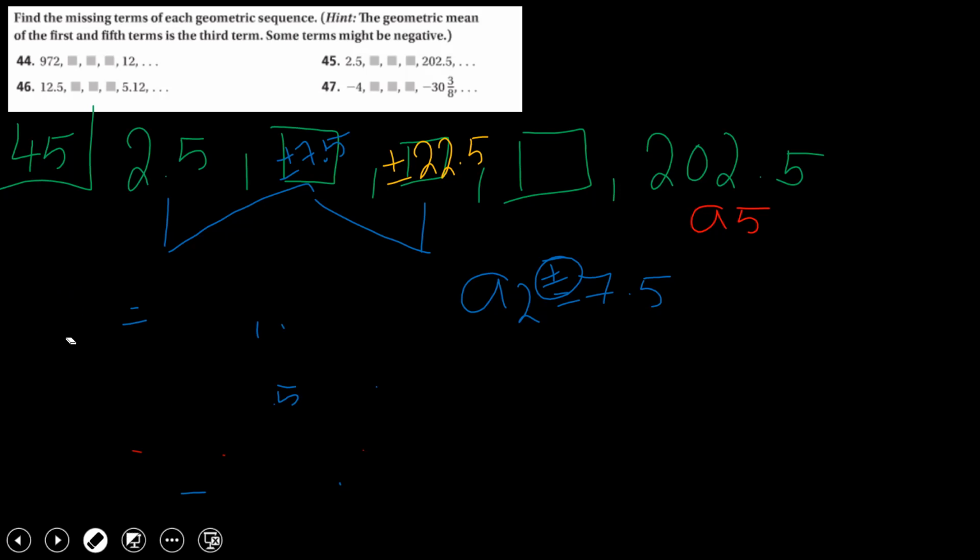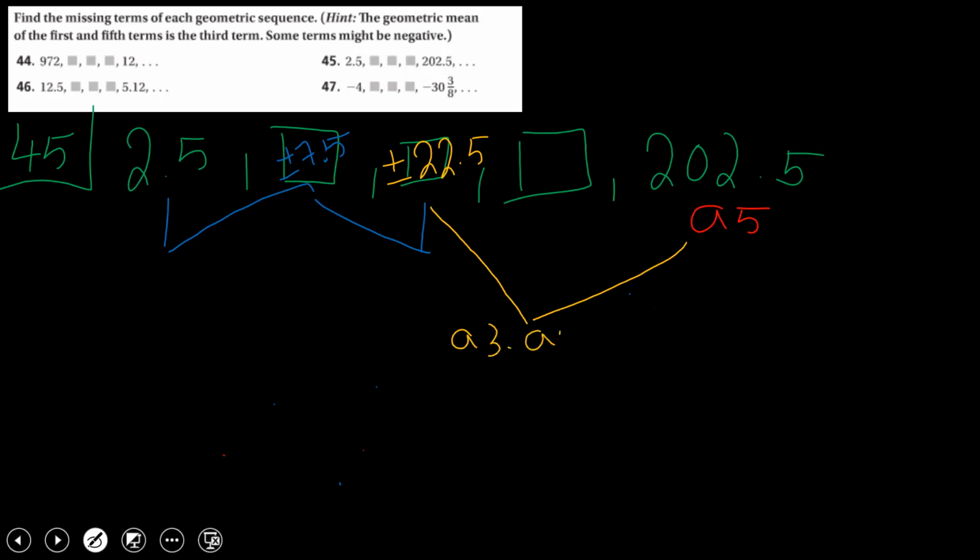And the last one now, I ask you to find A sub 4. To find A sub 4, I just multiply A sub 3 by A sub 5 under the square root. I will get A sub 4 by using the geometric mean.